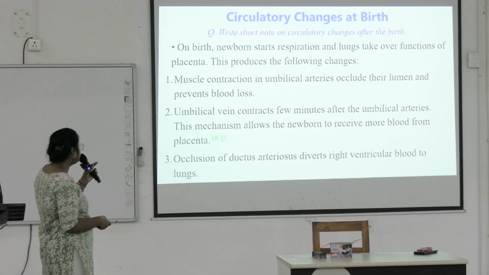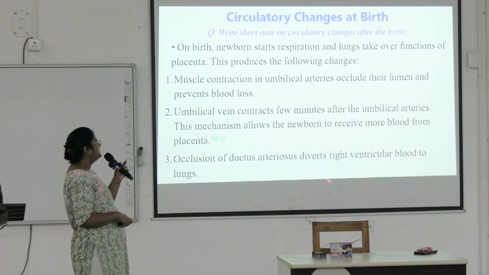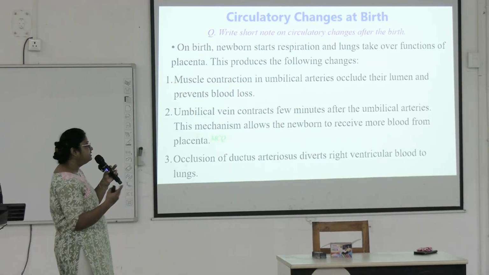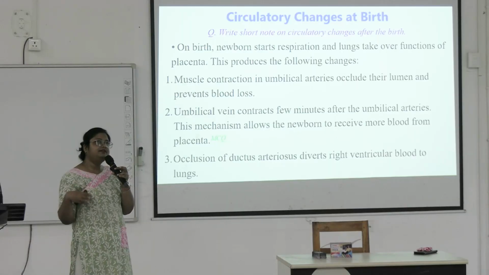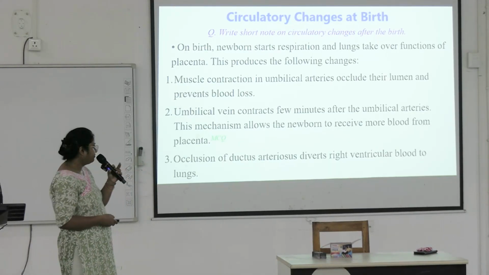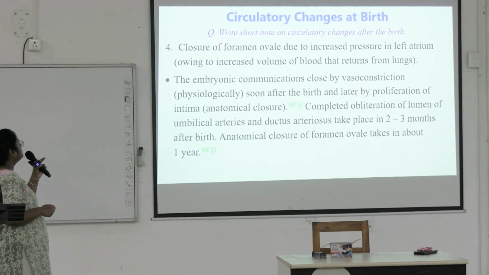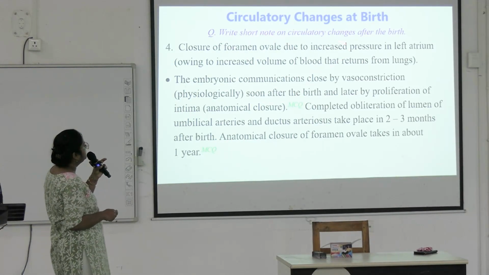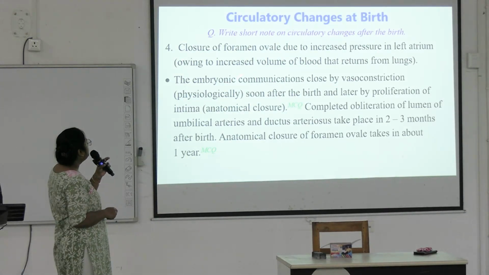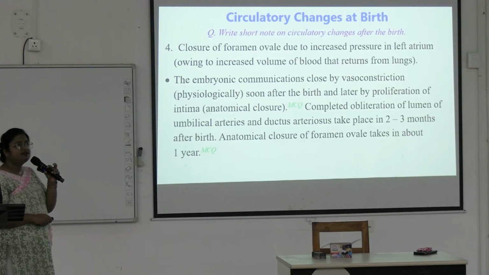Okay, and occlusion of the ductus arteriosus diverts the right ventricular blood to the lungs. When the child starts crying after birth, the lungs become activated. Next, there will be closure of the foramen ovale due to increased pressure in the left atrium, due to the increased volume of blood that returns from the lung.